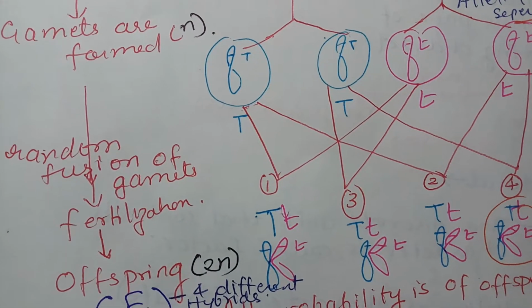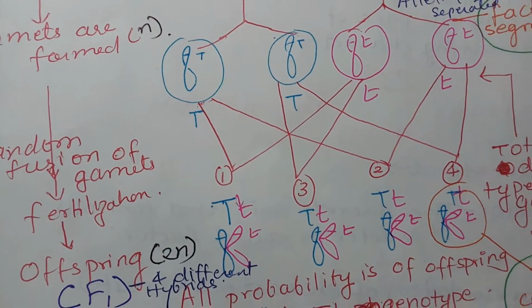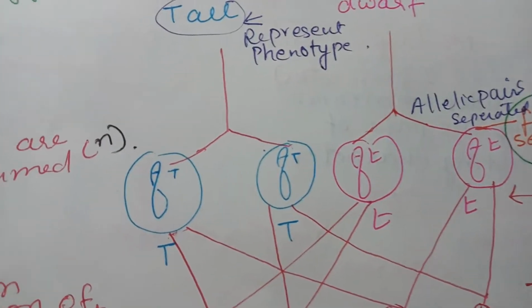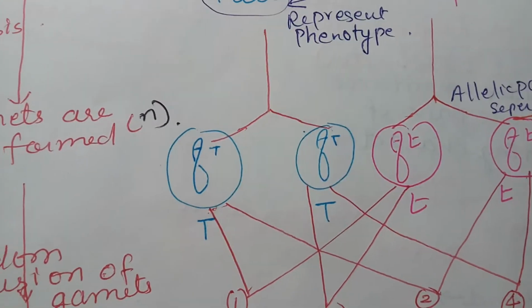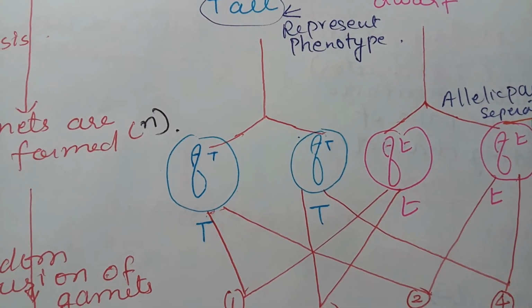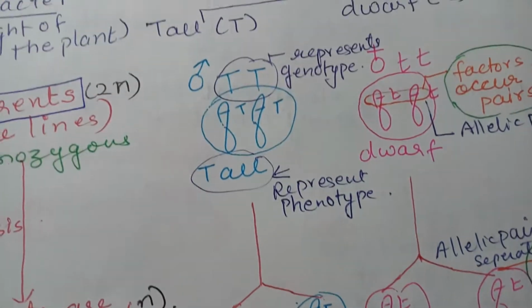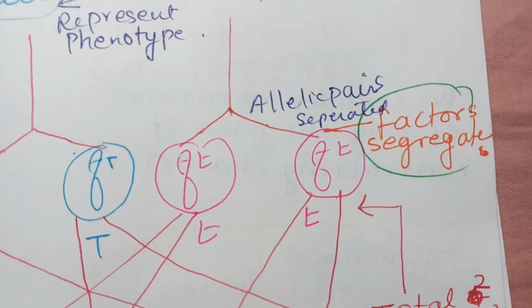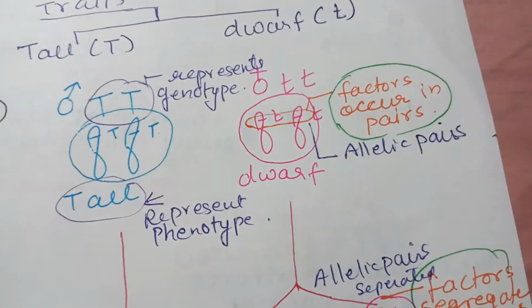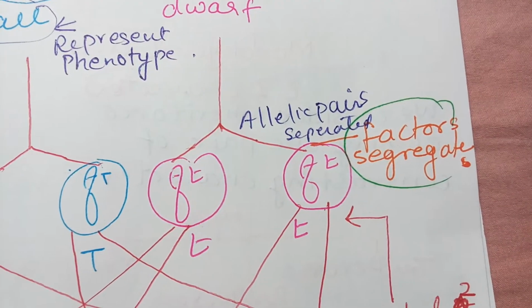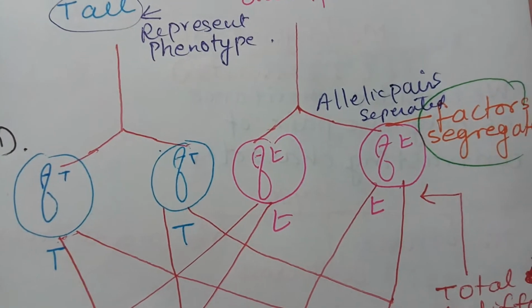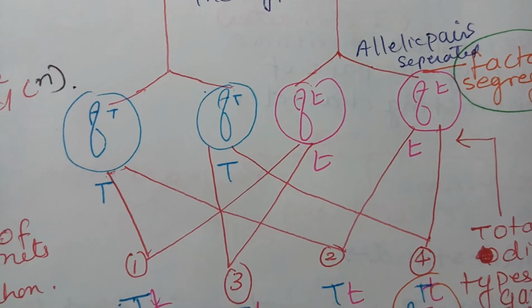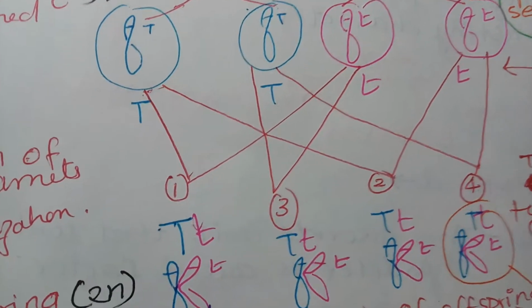During the random fusion, or fertilization, suppose these are the two types of gametes produced by the male parent, and these are two types of gametes produced by the female parent. These are the possibilities of gametes, they are not the number of gametes. You should understand this. So when the fusion occurs, let's see what the possibility is.